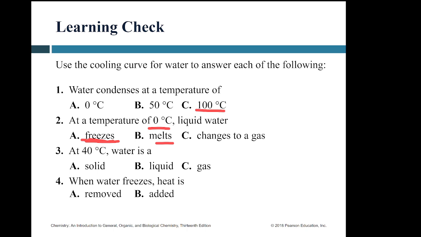So at 40 degrees Celsius, the water is what? Yeah, liquid. When water freezes, heat is what? Removed. Yeah, we're taking heat away, aren't we? Okay. Anybody ever felt the back of a fridge?